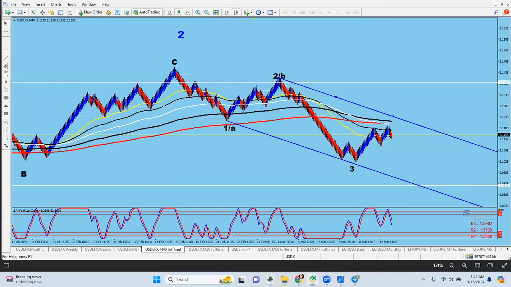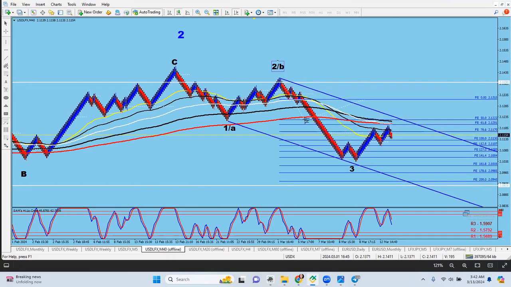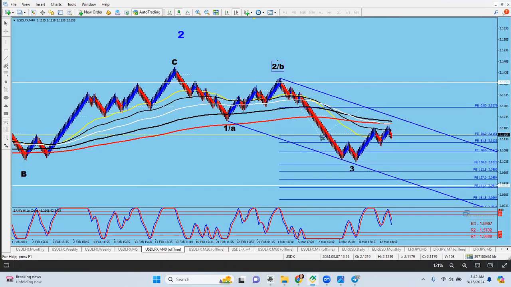Okay, so we use the Fibonacci expansion tool, and it is going to be from the end of wave 2, well, forget about wave 2.